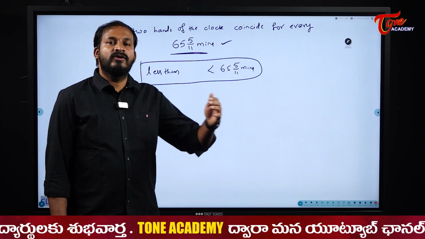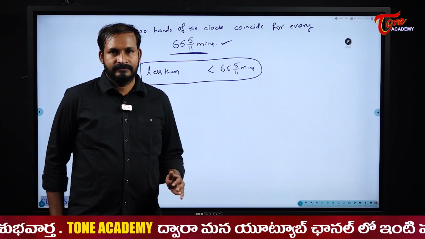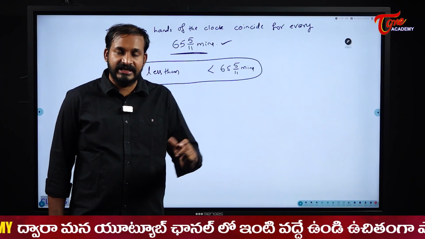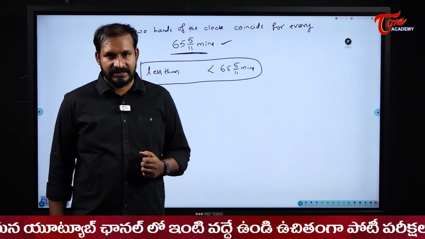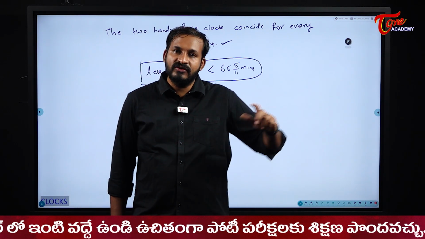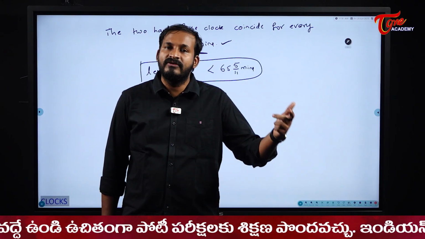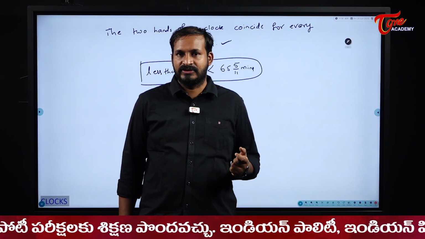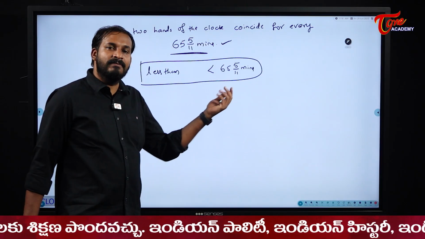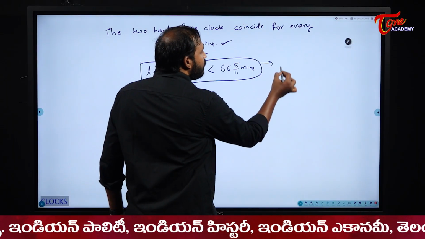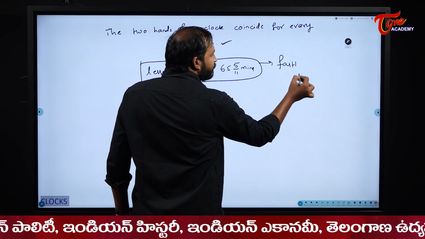See, if you want to reach a destination in 2 hours, and now you are reaching that destination in just 1 hour 50 minutes, tell me, did you increase your speed or decrease your speed? Obviously you increased your speed. Why? Because time and speed are inversely proportional. So if it takes a time less than 65 5 by 11 minutes, obviously the clock will move fast.